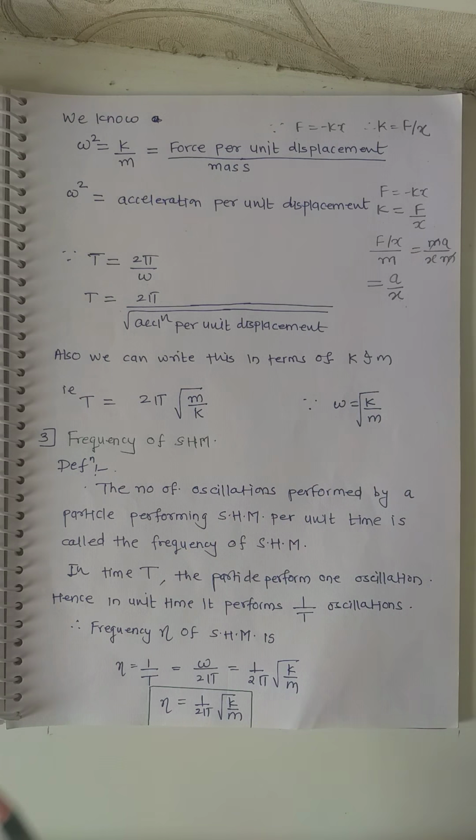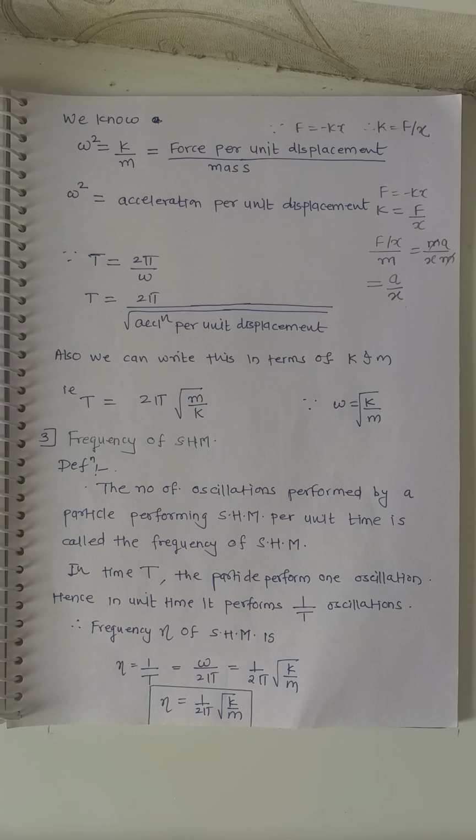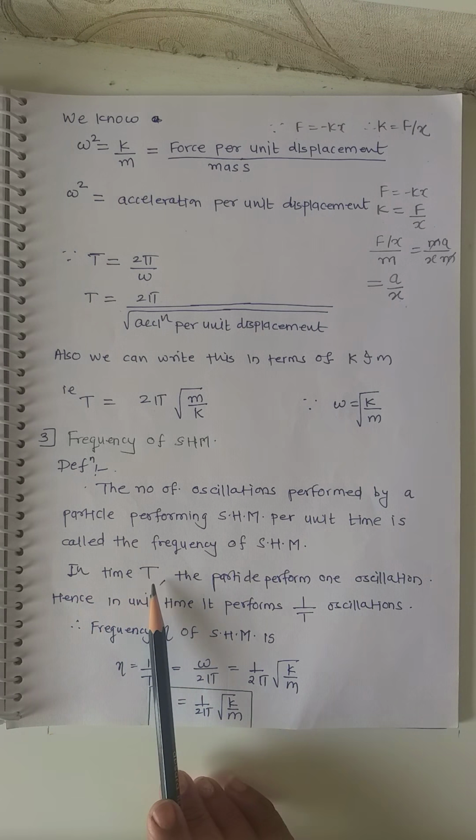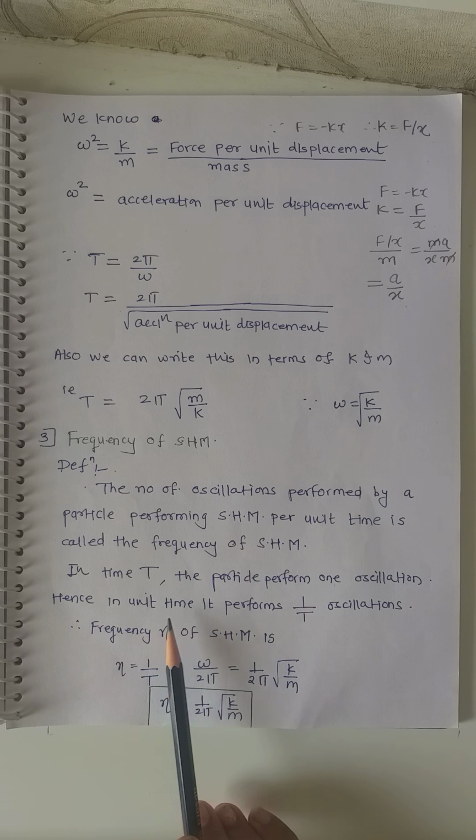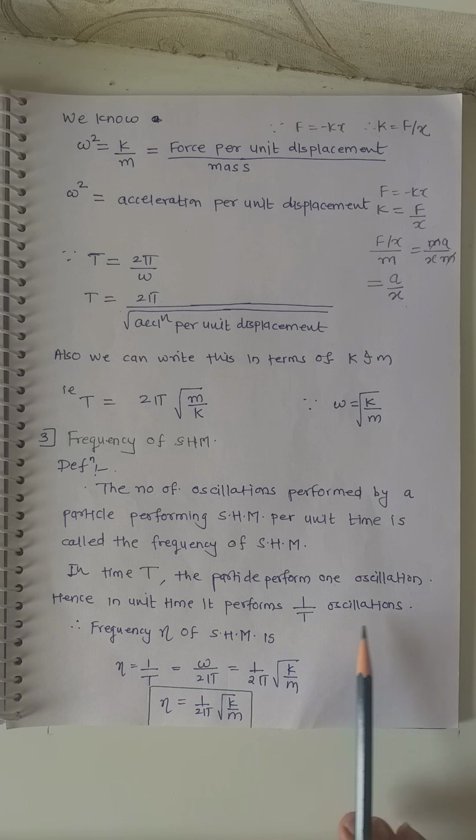Now what is frequency of SHM? The definition of frequency is the number of oscillations performed by a particle performing simple harmonic motion per unit time. In time T, the particle performs one oscillation, hence in unit time it performs 1 upon T oscillations.